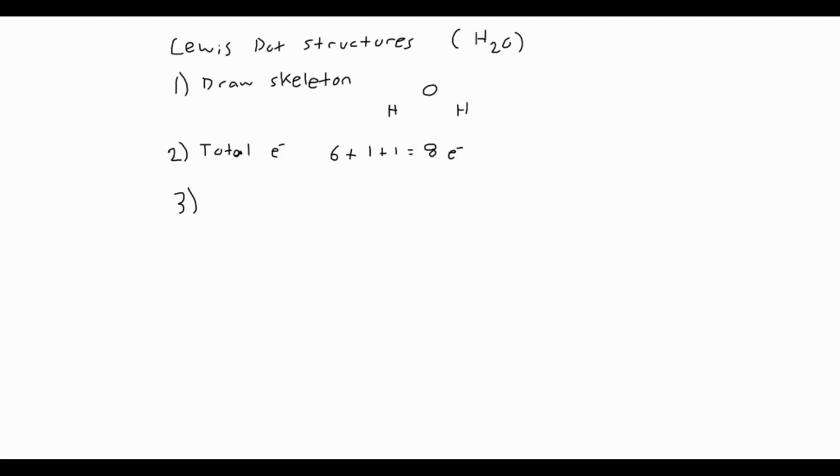Now we fill in our bonds. So we know that there's going to have to be at least one bond between each atom and the central atom. So we know we're going to have at least single bonds. So we have an OH and OH bond.